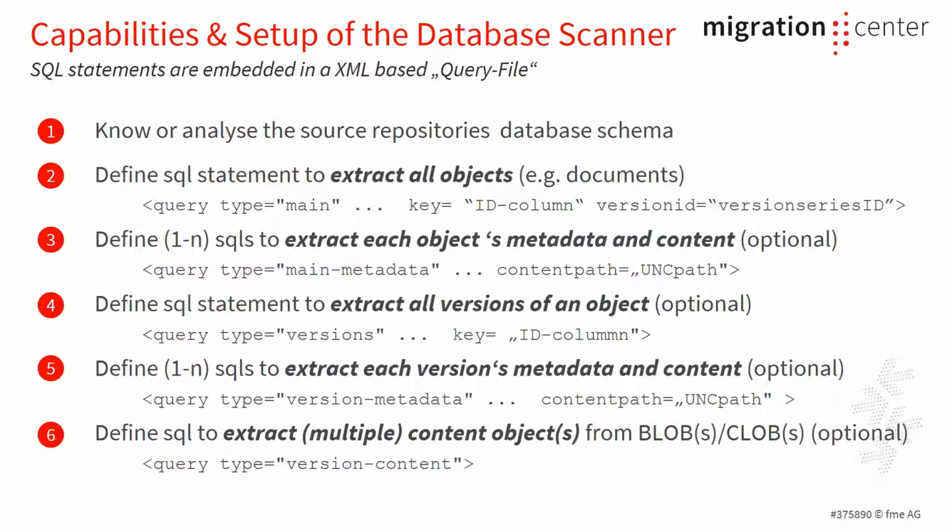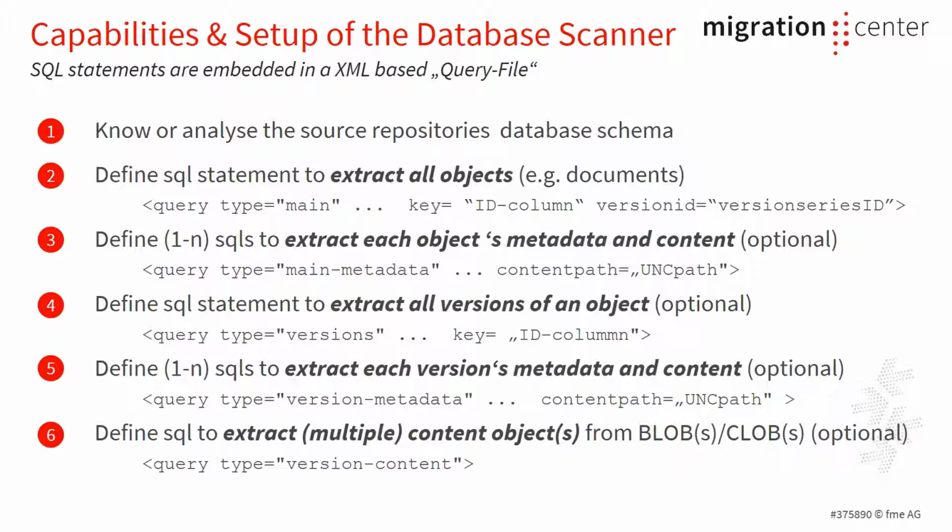The second option for extracting content is that the ECM system or content application will store the content in the database directly. You also have the option of supporting this with a database scanner by extracting the content from the BLOB file or a CLOB. In this case, we also support the extraction of multiple content objects for a single version. So think of a thumbnail, think of multiple renditions. This is also supported.